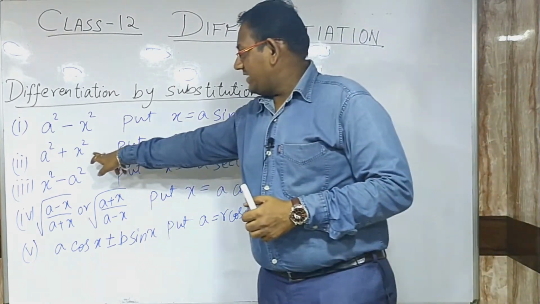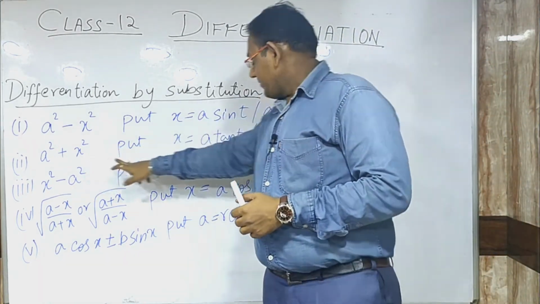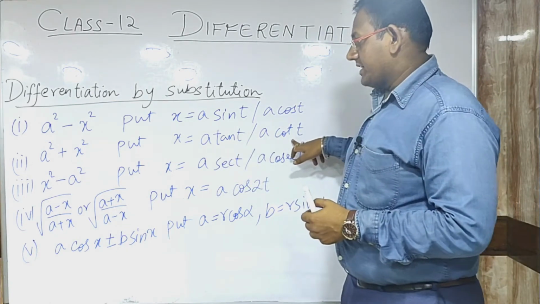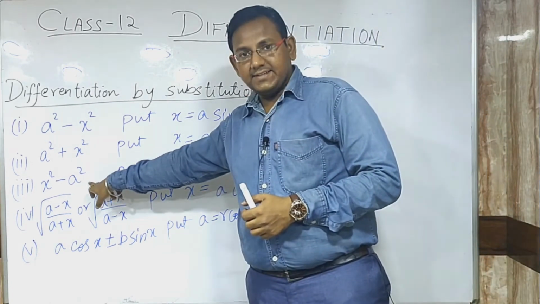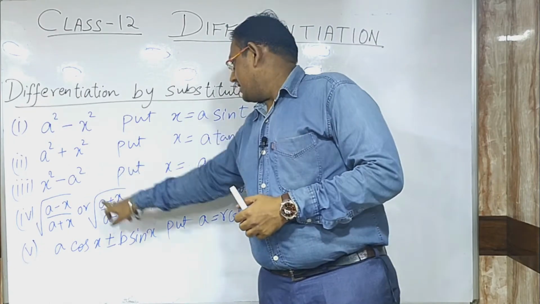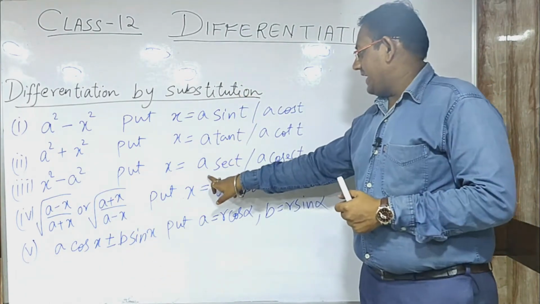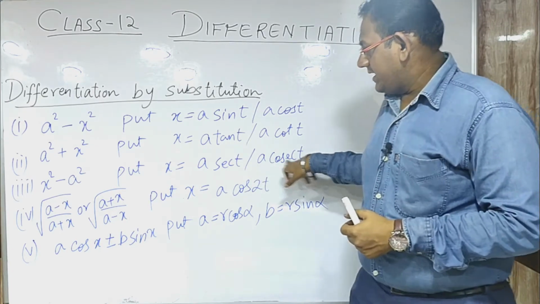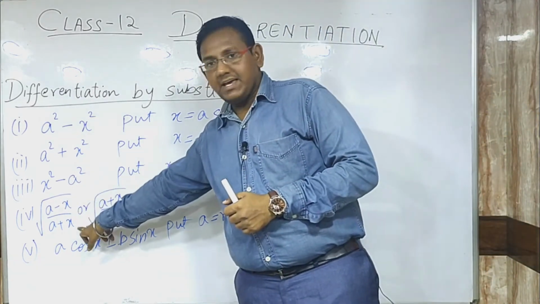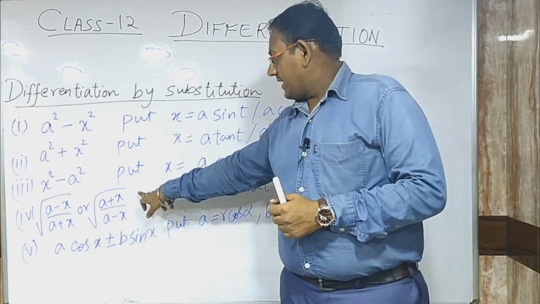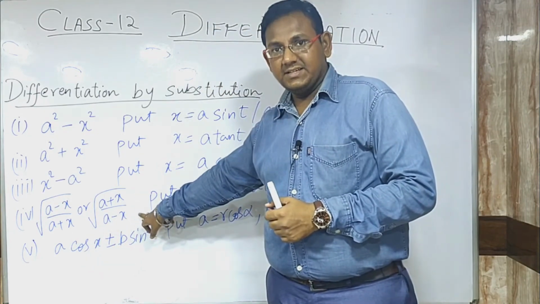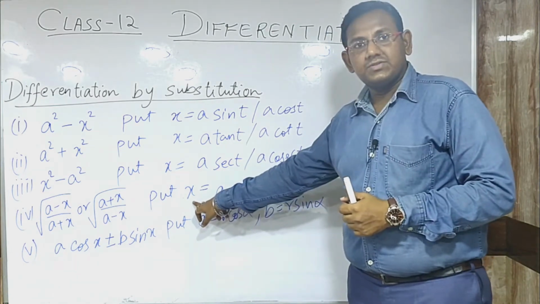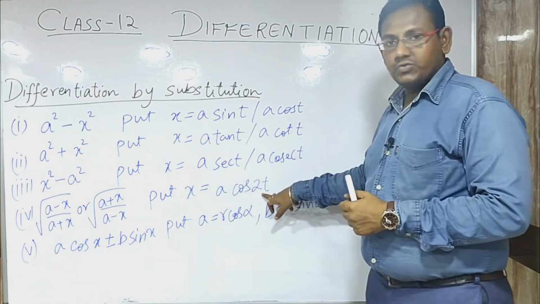Similarly, if we are getting a square plus x square, then either we will substitute a tan t or a cot t. Then if we are getting x square minus a square, then we are going to substitute a sec t or a cosec t. Similarly, if we are getting a minus x by a plus x or a plus x by a minus x, then in this type of question we are going to substitute x as a cos 2t.